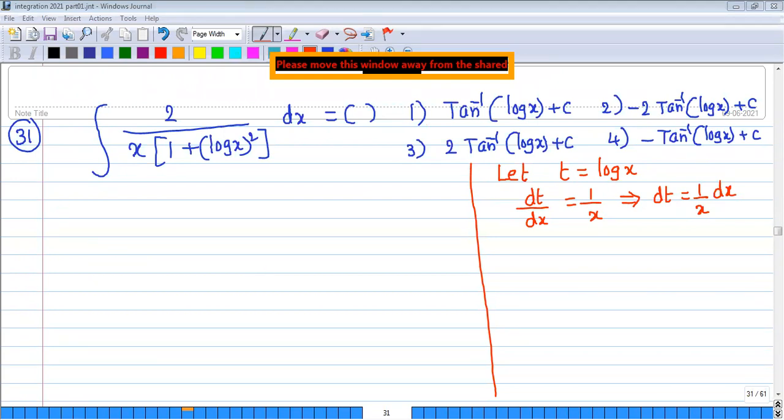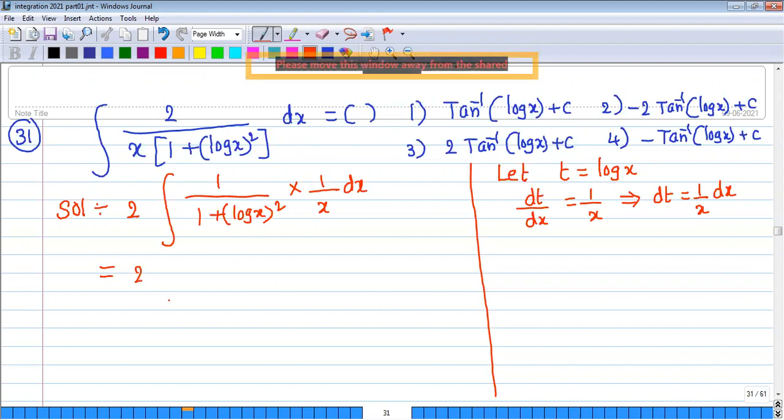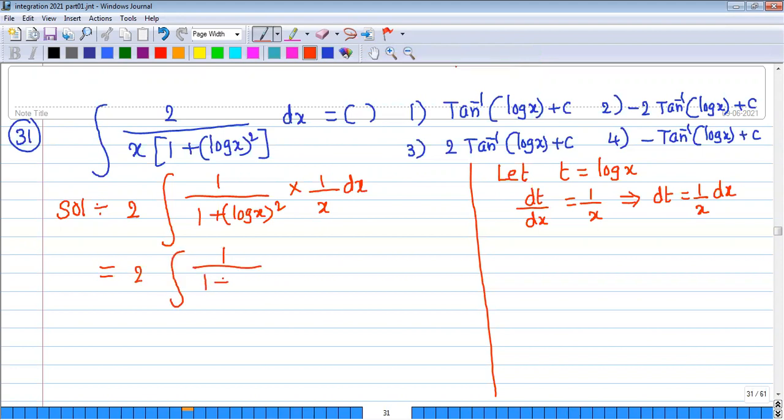Now let us come to this problem. 2 common, this we can write 1 upon 1 plus log x whole square into 1 upon x dx. This is 2 times integral of 1 plus t square, so this part is dt.